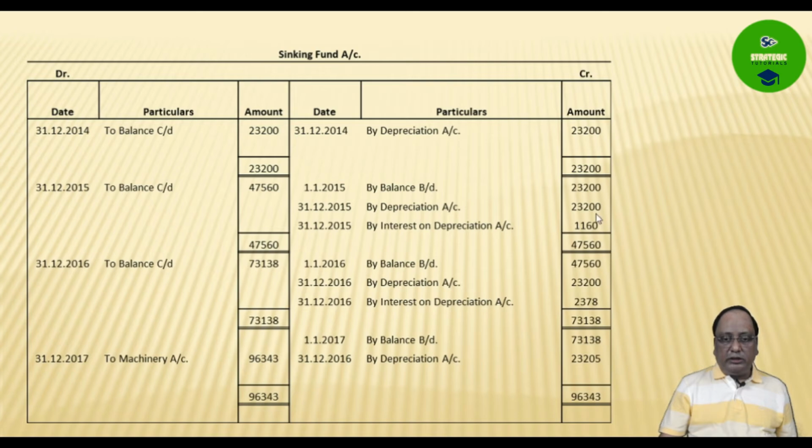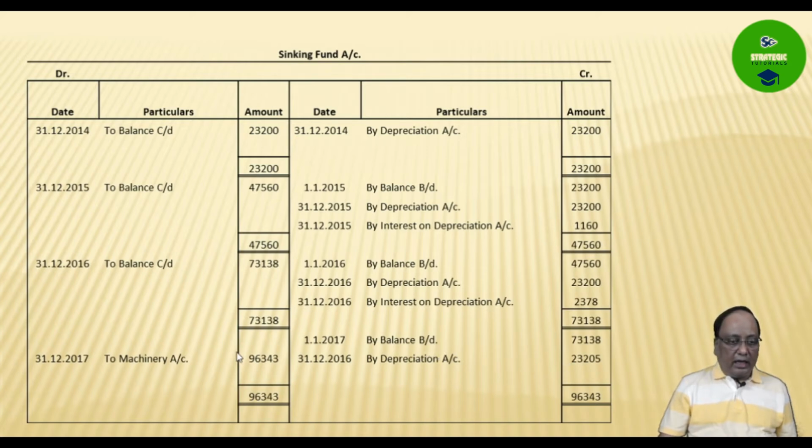Next year also 23,200, and interest on 23,200, that is 1,160. Similarly, next year also the depreciation is 23,200 and interest on 47,560 is 2,378, and the balance will be here.